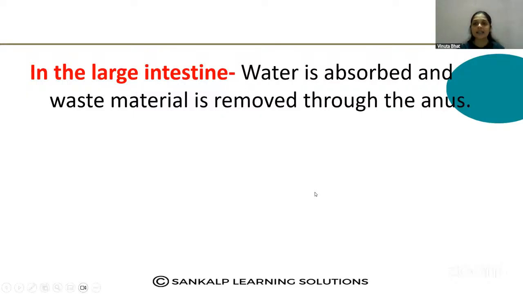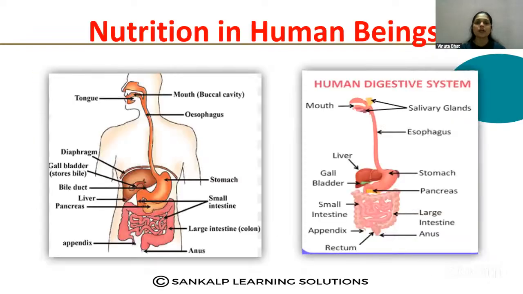Okay, so this is how nutrition in human beings takes place, how the complex food forms are divided into simpler forms and absorbed by our body. This is about the complete digestion, very very important for your exam.